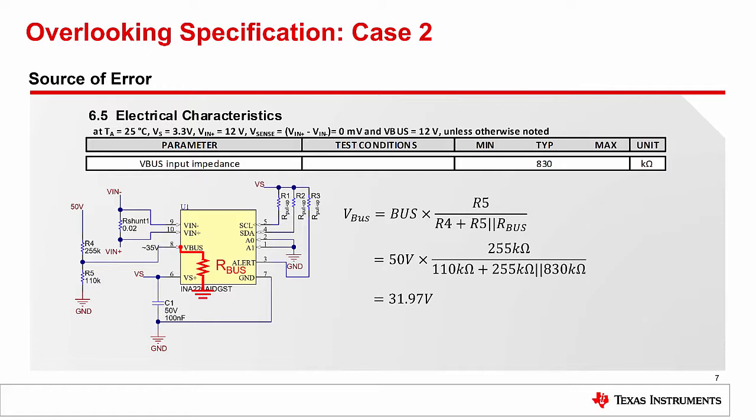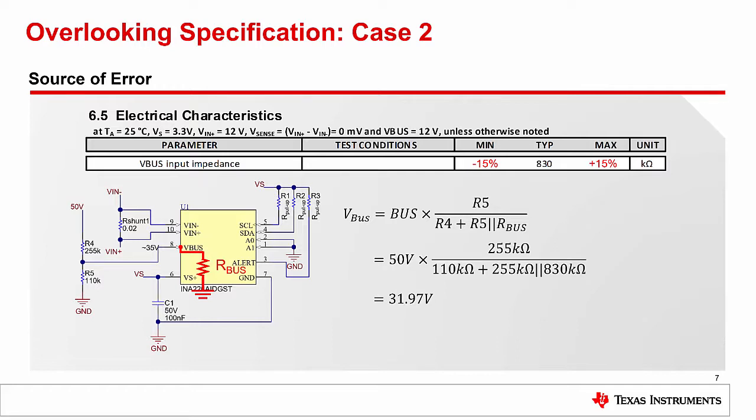The difference can be attributed to the tolerance of the input bus resistance. While not stated in the datasheet, the tolerance may be around plus or minus 15%. Consequently, if you are looking for precise measurements, you may need to consider another part with a higher bus voltage specification.